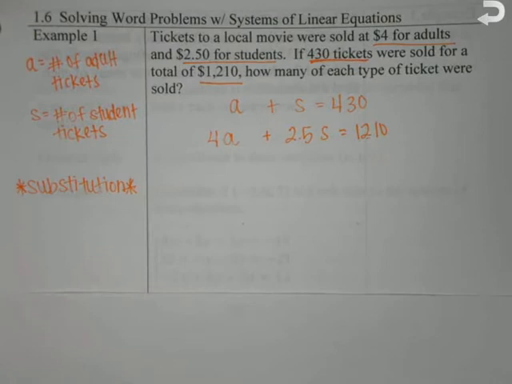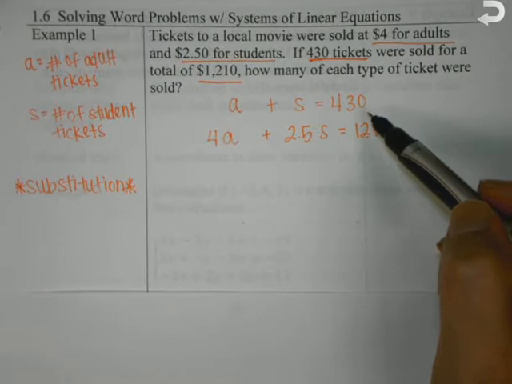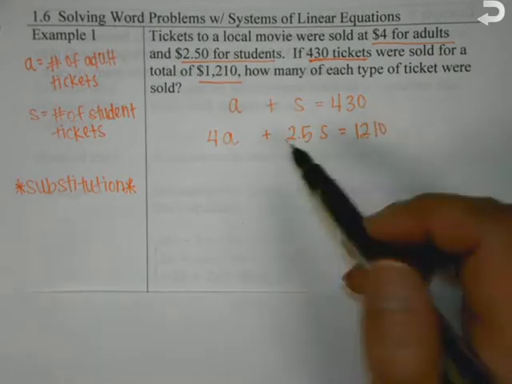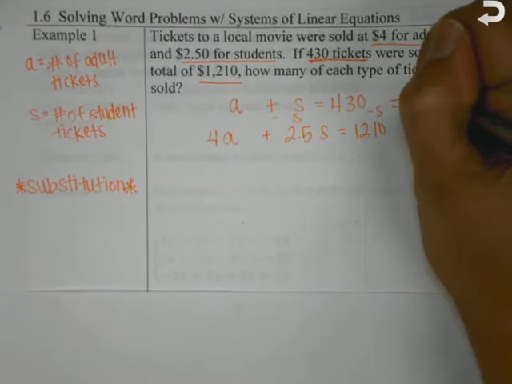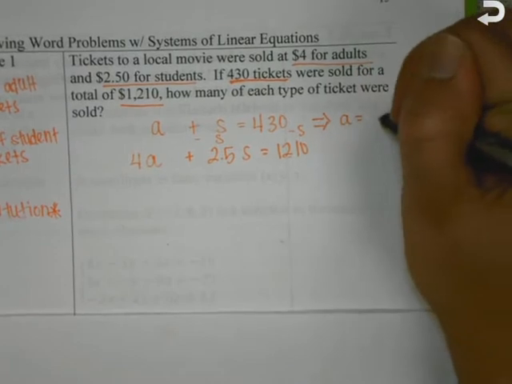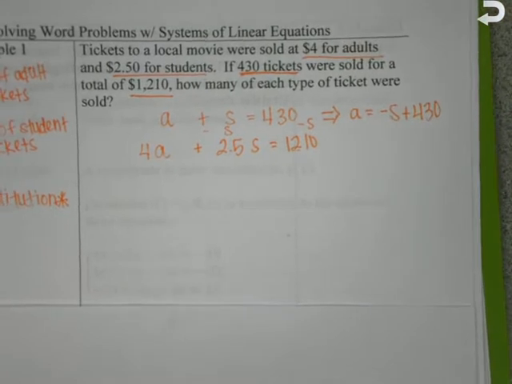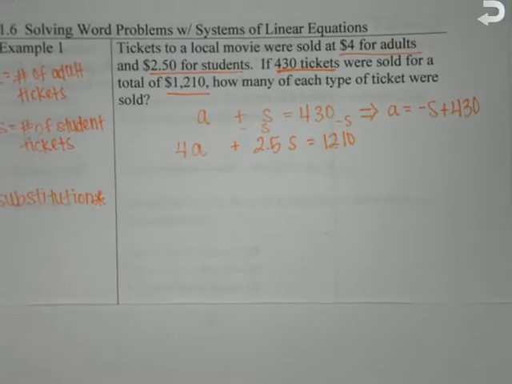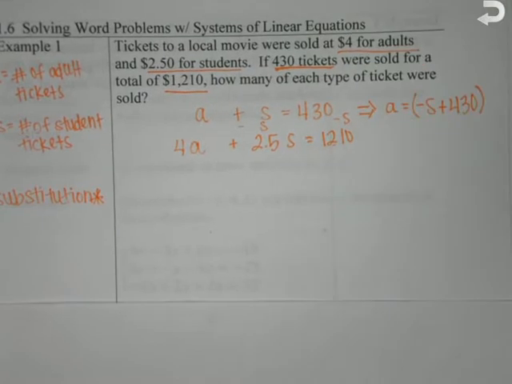Substitution means I need to get a variable by itself. Why don't we get A by itself? So we're going to subtract S from both sides. That gives me A equals negative S plus 430. I always put them in parentheses because now I'm going to substitute that in for A.